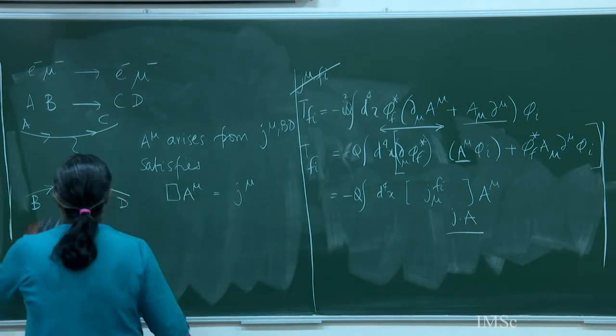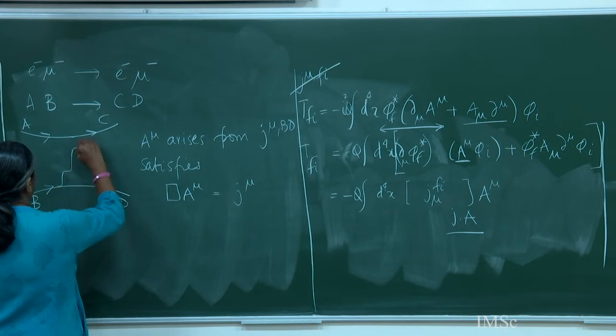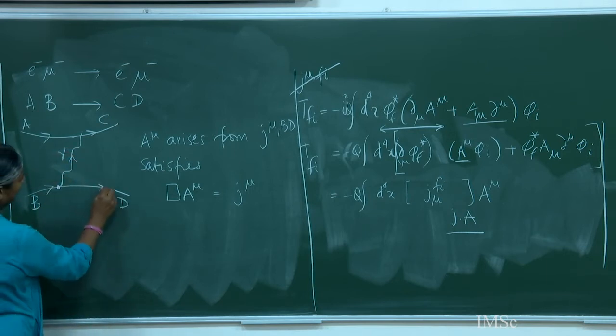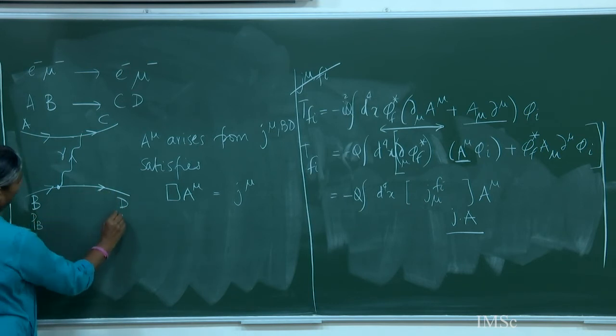Ma'am, there is no incoming photon, right? There is no incoming photon, that is why. So this is at this vertex, okay, at this vertex B emits a photon, okay, and changes its momentum from PB to PD.